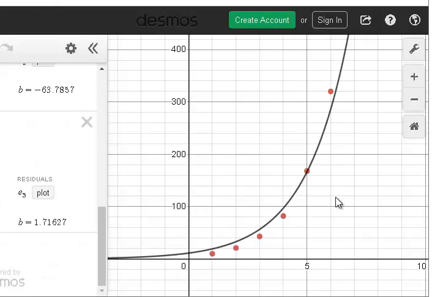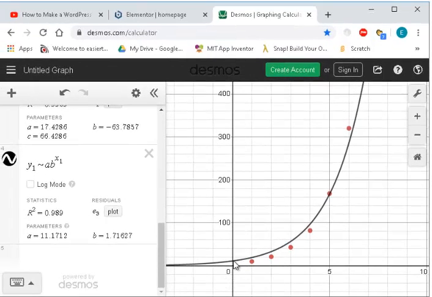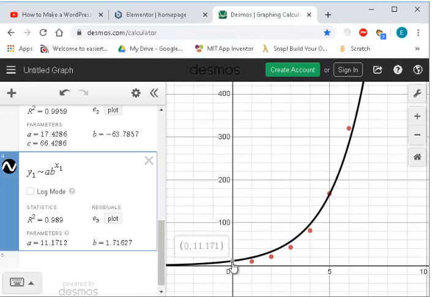I'm going to use the exponential one, and you can see the graph of exponential. This is when the time is 0. So if I click here, you can see that the value is 11.171.